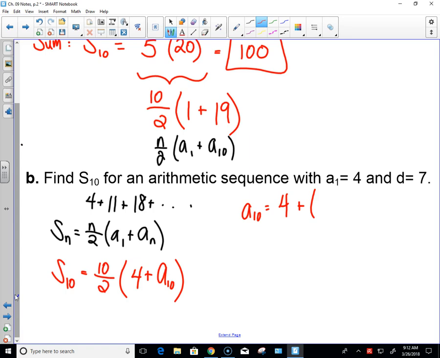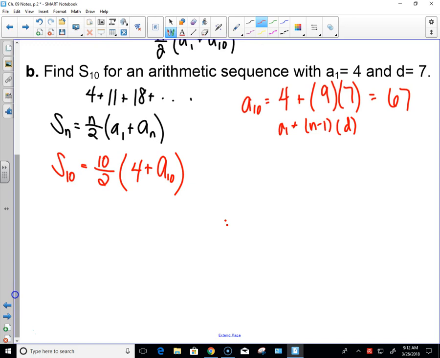The 10th. So it's going to be 9 jumps of 7. Does that make sense? We're not decreasing the common difference by 1, we're decreasing the jumps by 1. So remember, this is your a sub 1 plus n minus 1, 10 minus 1, times your common difference d. So 4 plus 9 jumps of 7, 4 plus 63.